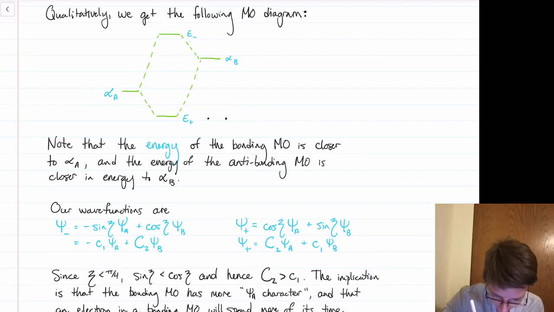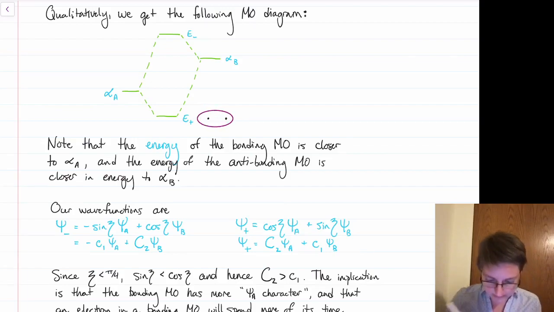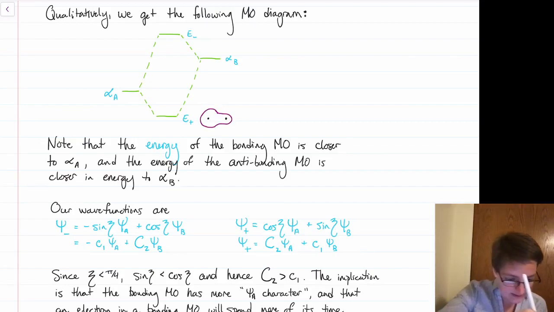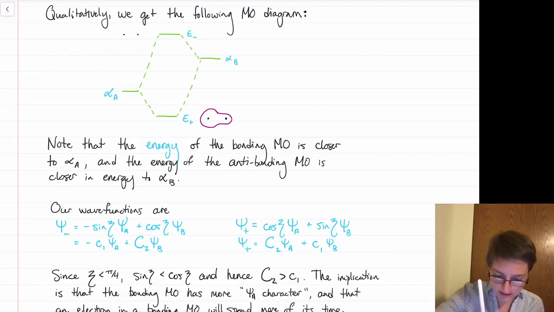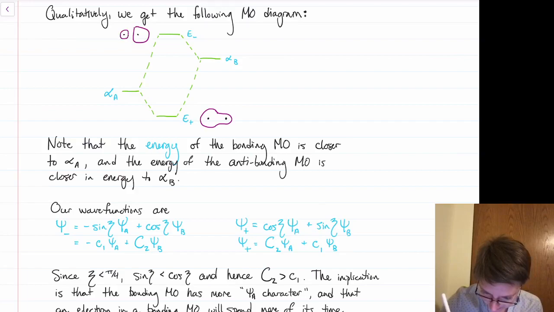However, the electron density centered around atom A is going to be bigger than the electron density centered around atom B. Similarly, for my antibonding combination, now my wave function has more character related to atom B, and so my sigma star combination is going to look as before in terms of shape, but it's not going to look symmetric.